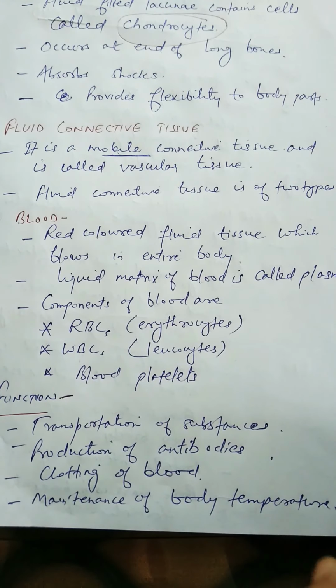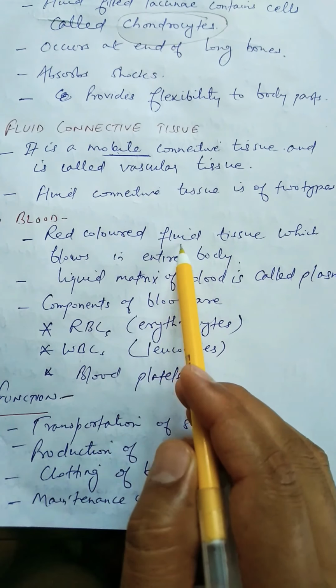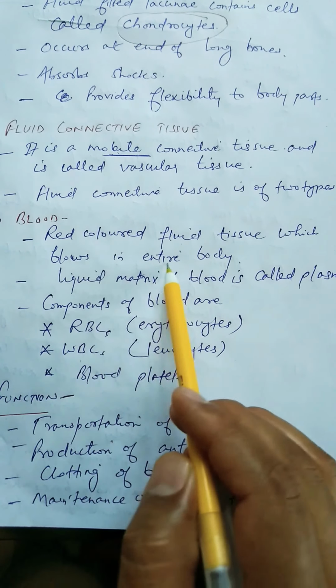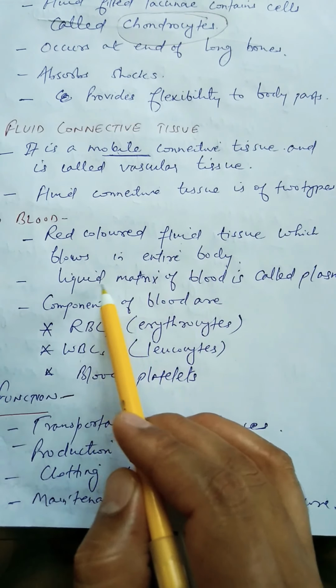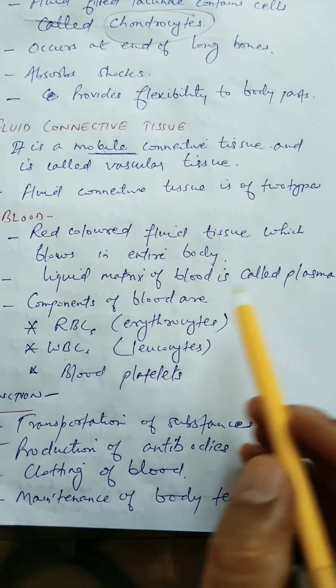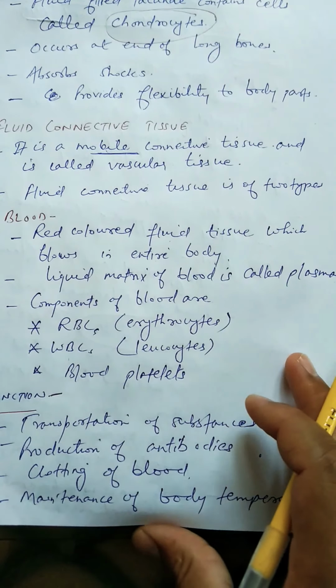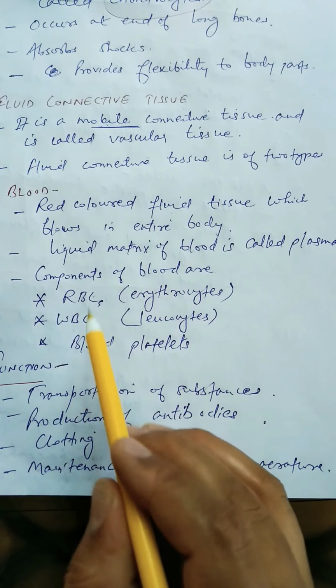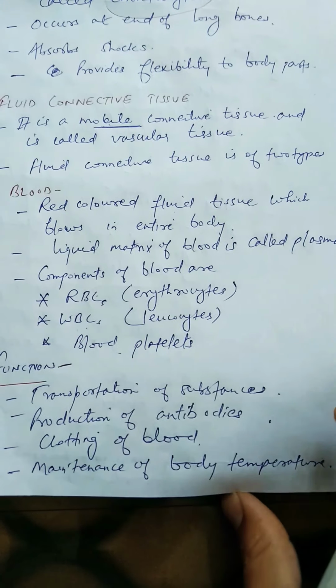Now about blood, I have already told you, it is a red colored fluid tissue which flows in the entire body. Liquid matrix of blood is called plasma. Now what are different components of blood? Red blood cells, white blood cells and blood platelets.